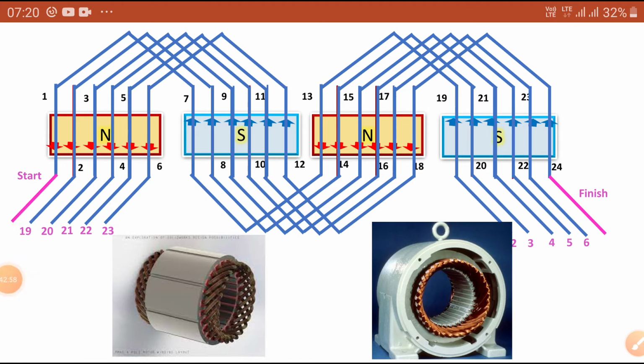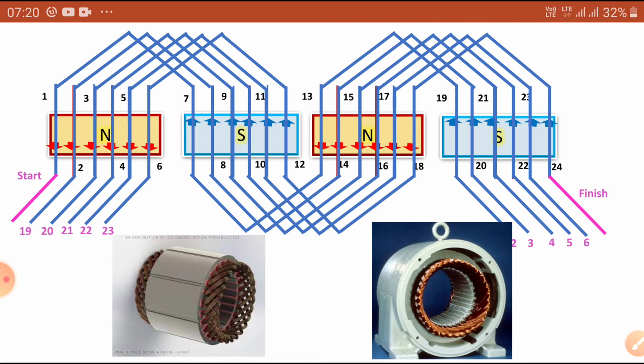So let us conclude what we have discussed in this class. First we saw what wave winding is. We compared DC windings and AC windings. We discussed how many types of slots are present in AC winding. After that we calculated the slot pitch angle.